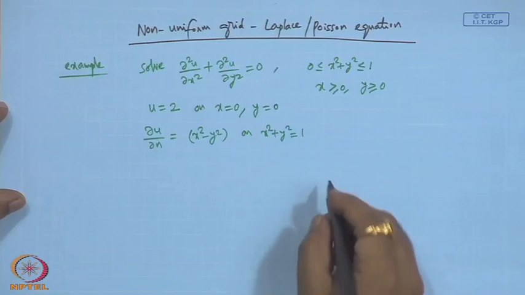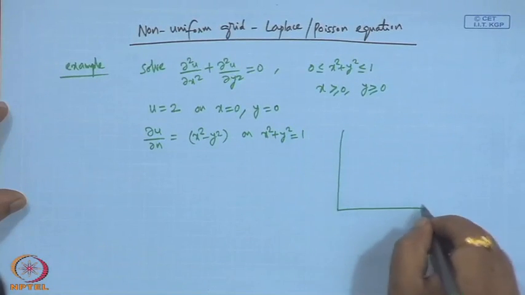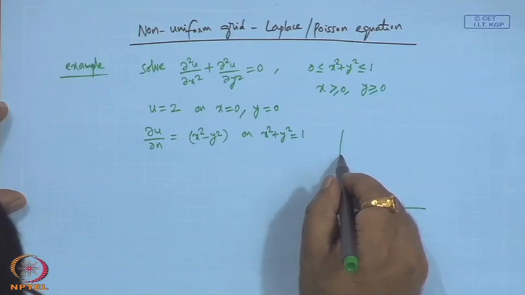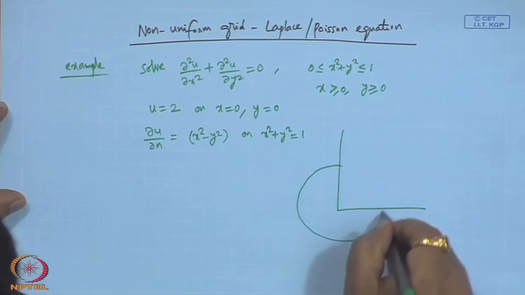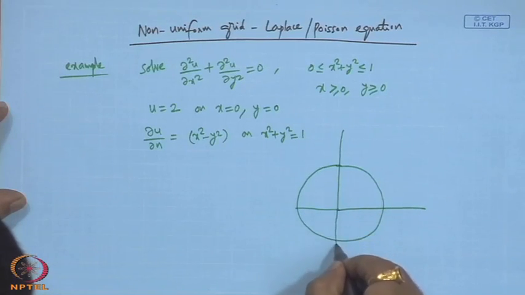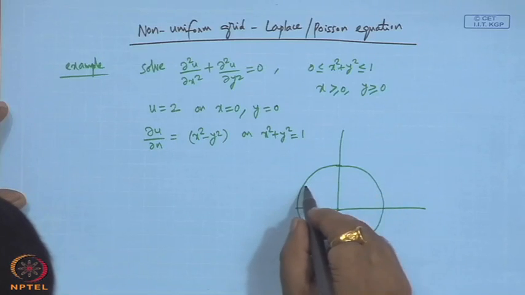Okay. So, when we discretize, I have already mentioned, so for example, this is uniform. Then suppose we discretize.